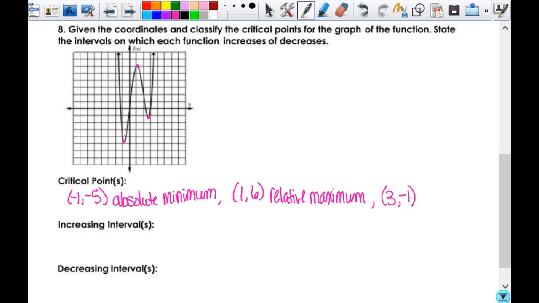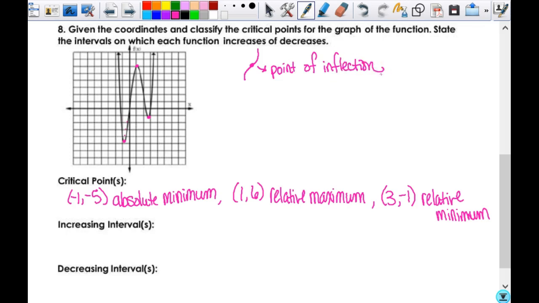And that is a relative minimum. A point of inflection would be something that looks like this. That would be your point of inflection. This graph does not have one.